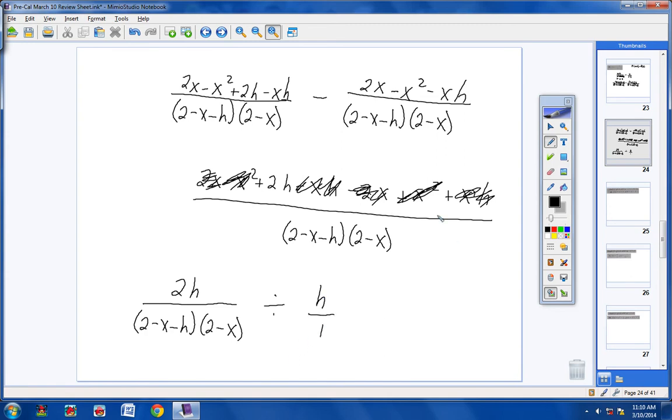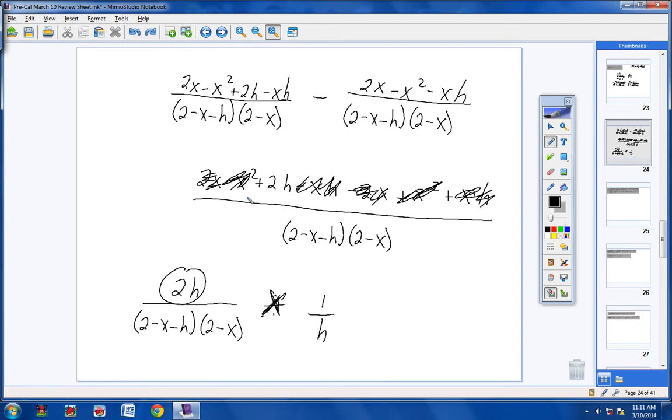Now, of course, if I'm taking a fraction divided by a fraction, I would flip this second fraction right here, and then I would multiply. And then notice I have one term here and one term here, so I can definitely do some cross canceling.